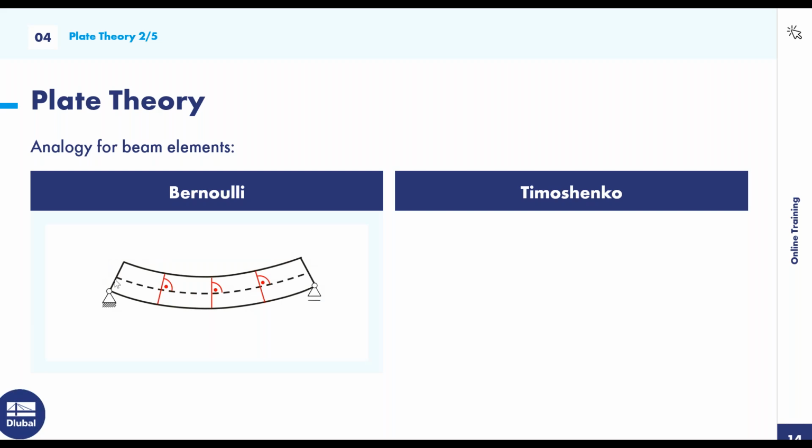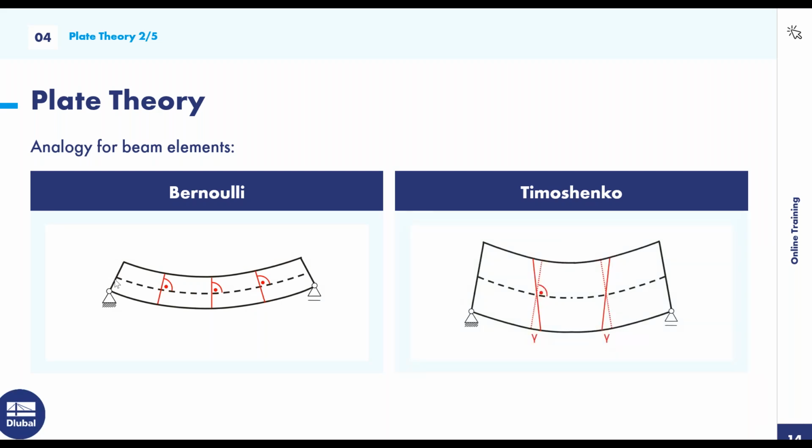You can see here that the deformation for Bernoulli's looks something like this and is perpendicular to the member axes. Whereas with the Timoshenko theory, we have an additional angle here. This is going to lead to additional deformations, and this is due to the shear deformations, taking into account that the shear stiffness is not completely rigid and changes.